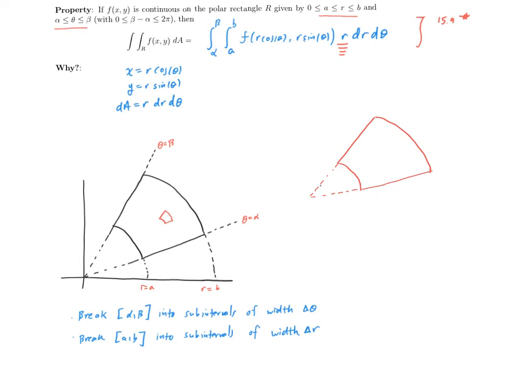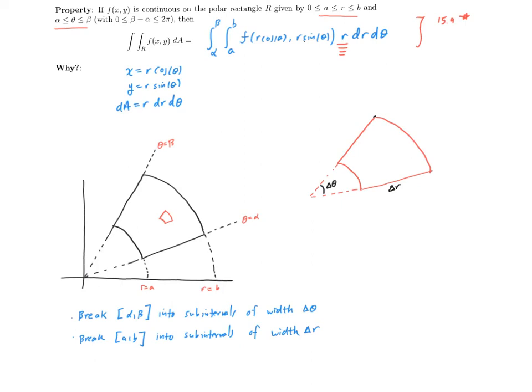We're thinking how the theta values vary on one of these little subrectangles. It is measured by the width that we broke the theta intervals up into, delta theta. And similarly, the width in terms of the r values comes from this delta r. So the length here would be change in r.